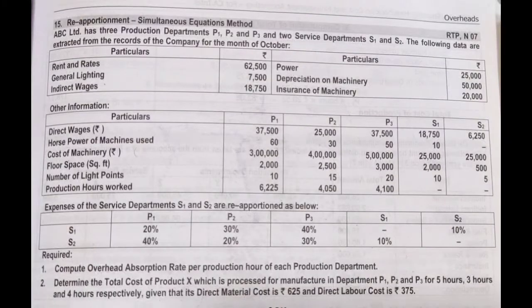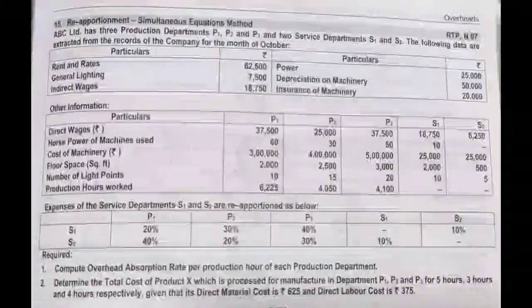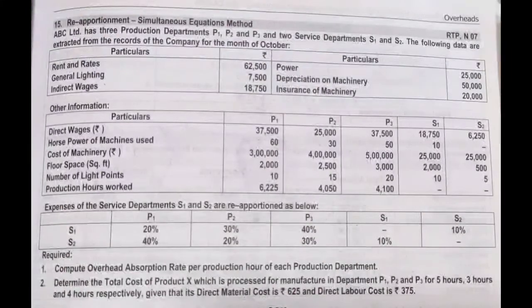These are to be distributed. So expenses of the service departments S1 and S2 are reapportioned as below. For example, S1, the first service department's expenses, we have to distribute in the ratio 20 is to 30 is to 40 is to 10 among P1, P2, P3 and S2.